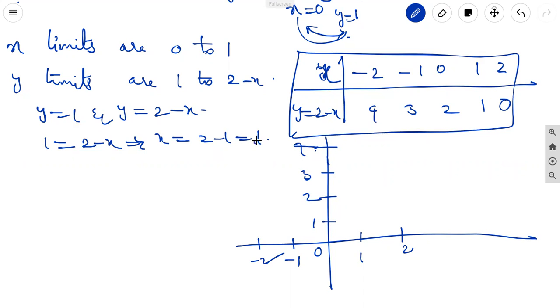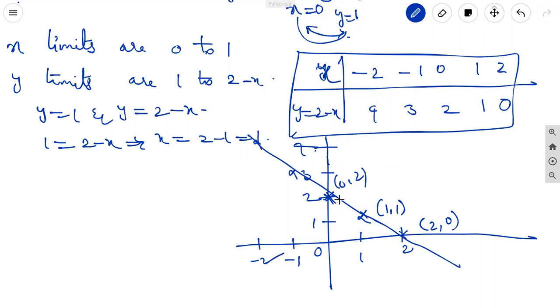Here minus 2 gives 4, minus 1 gives 3, then 2, then 1, and 0. We can draw the straight line equation. Here, the intersecting points are (1, 1) and (2, 0), and on the y-axis it is (0, 2).